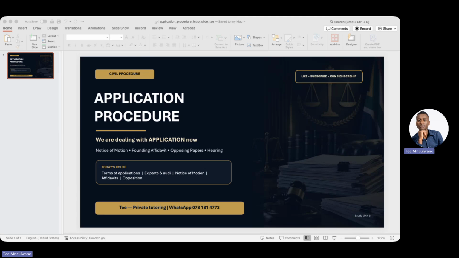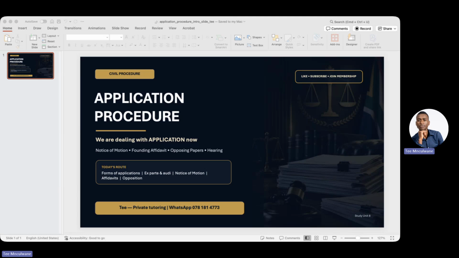That omitted fact is material, so it could change the court's view. If the court later discovers that you hid it, the court may discharge the order and punish you with costs, right? So guys, ex parte procedure is not a shortcut for dishonest applicants. It is an emergency or exceptional tool that requires extra honesty.